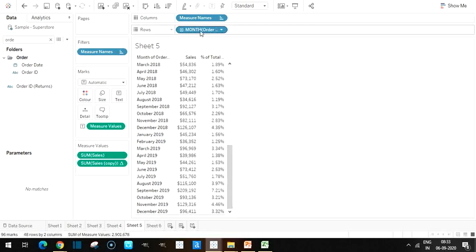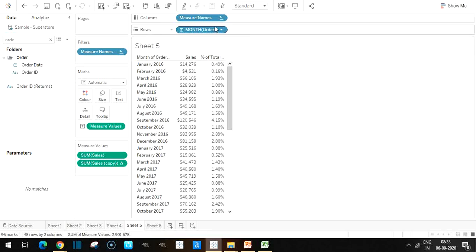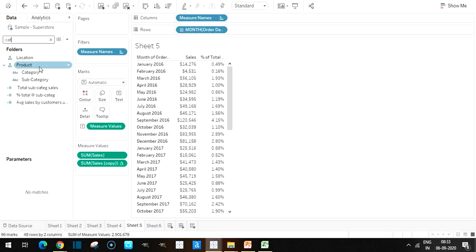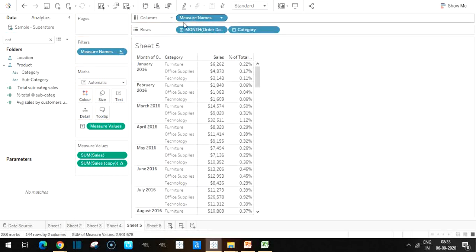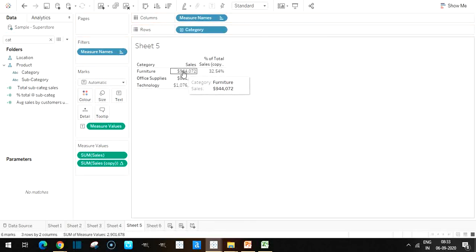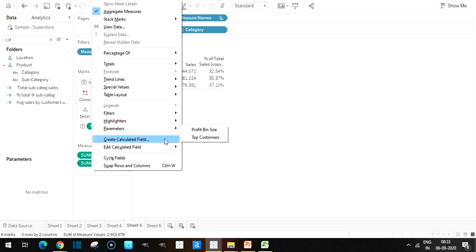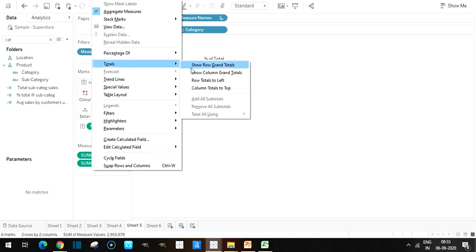So in this context, this is not that important. Maybe this is important when we want to look at the high level picture. Let me bring the total here.